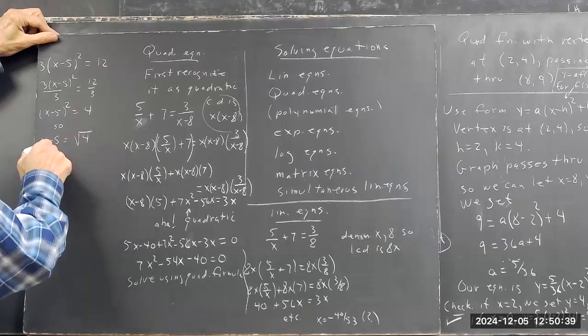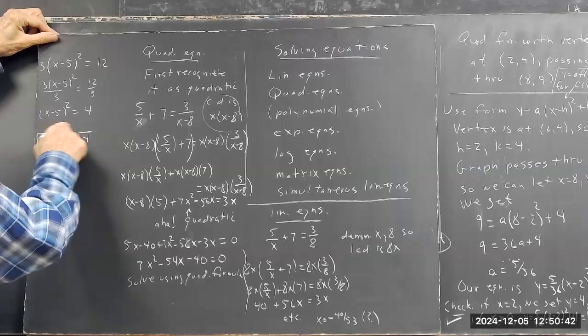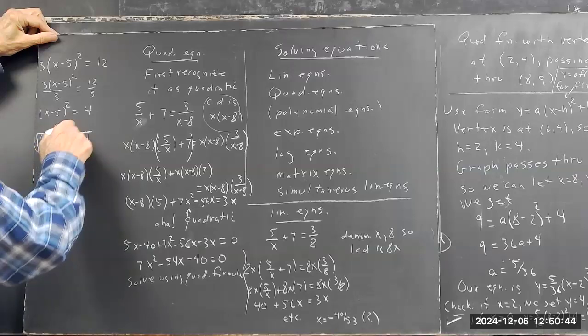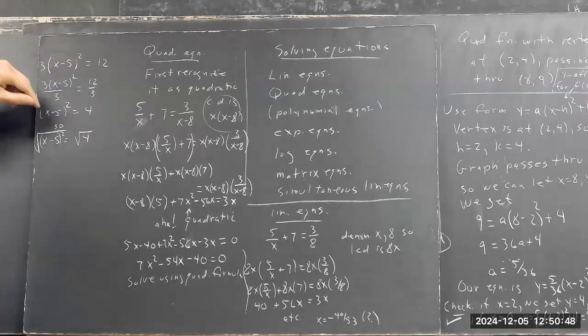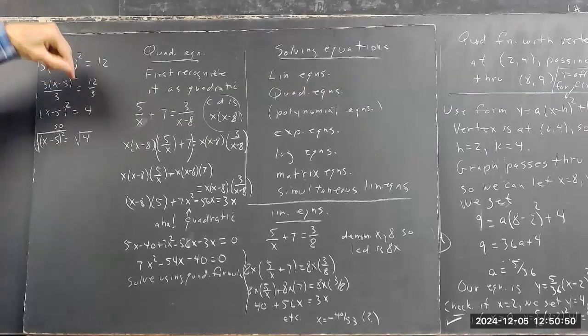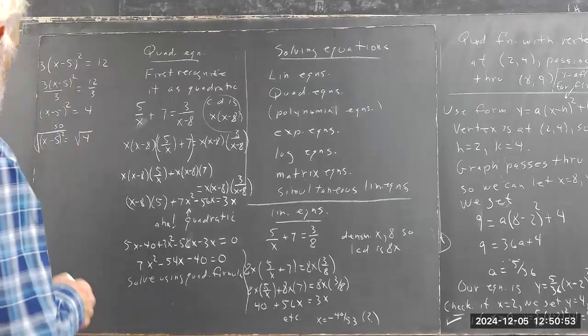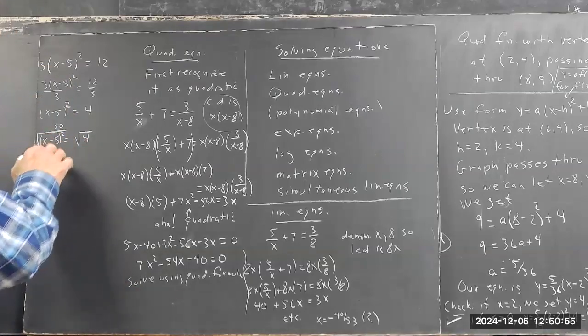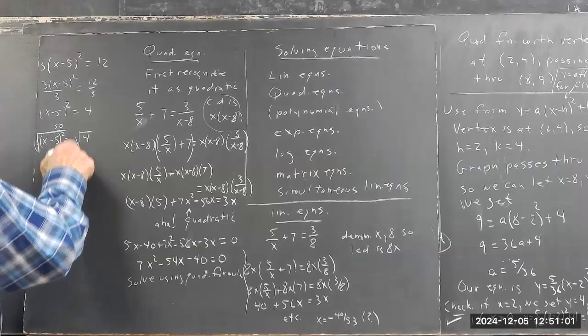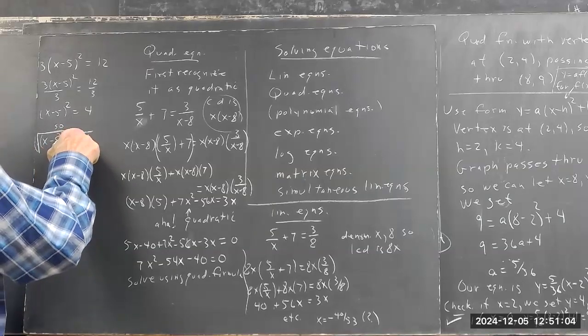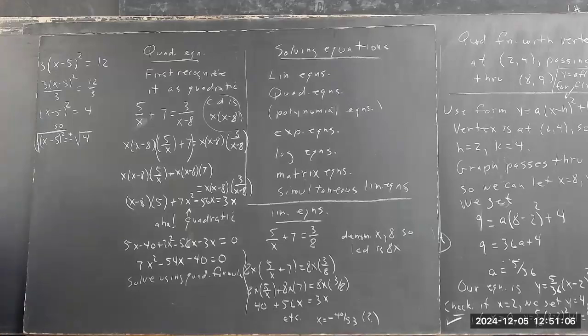Now, a lot of times I'll do the square root of both sides, but common sense is if x minus 5 squared equals 4, then x minus 5 has to equal whatever you square to get 4, which is going to be 2. But we'll do the operation. We'll do square root here equals square root here, except when you do square root of both sides, it's really going to be plus or minus square root, because there are two numbers that you can square to get whatever number you're looking for.